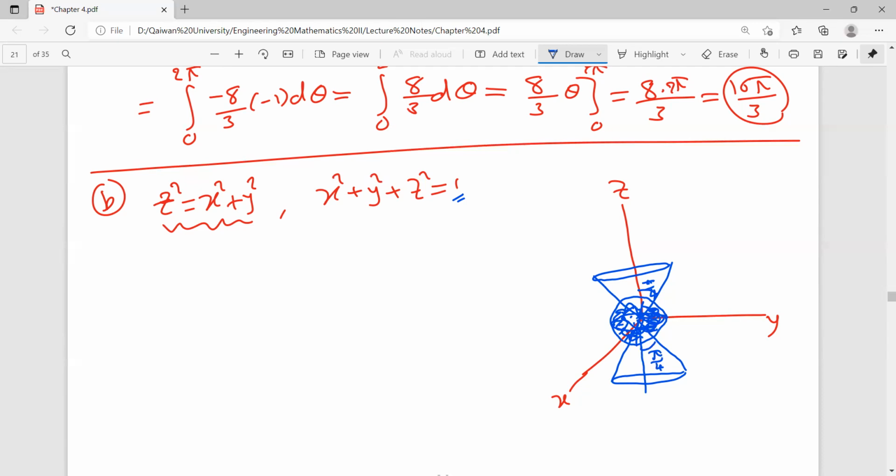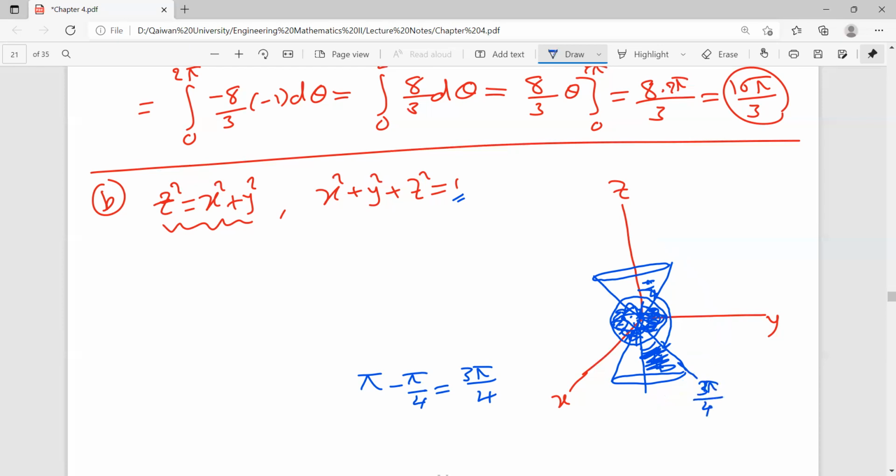That means phi is from here to here. It's from pi over 4 to this angle, and this angle from here to here is pi minus pi over 4, which is 3 pi over 4.